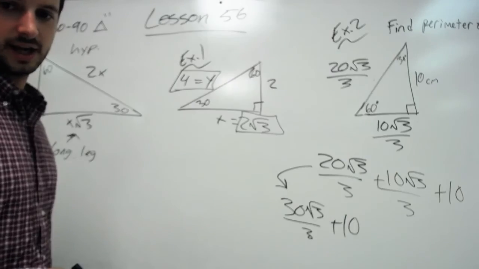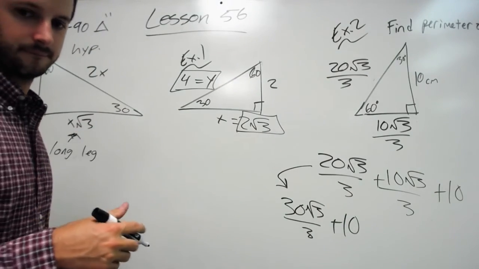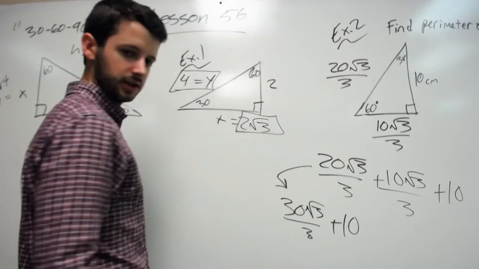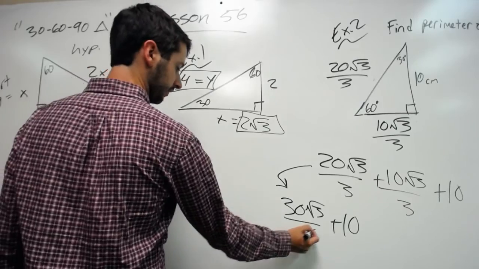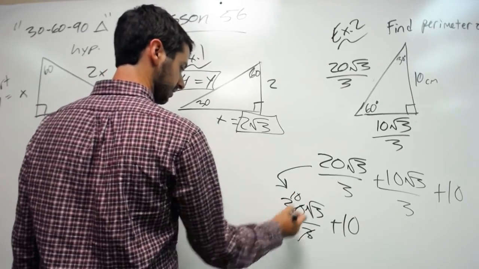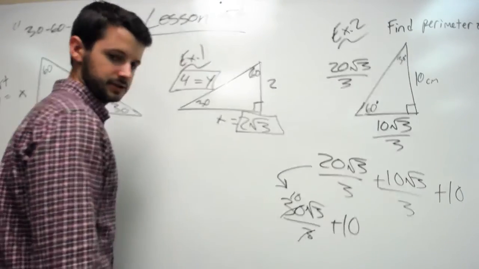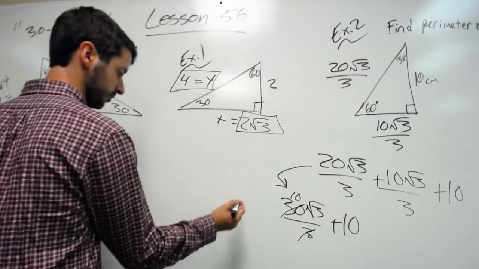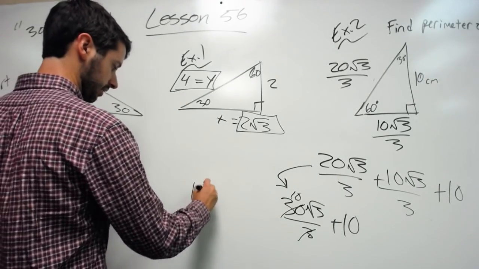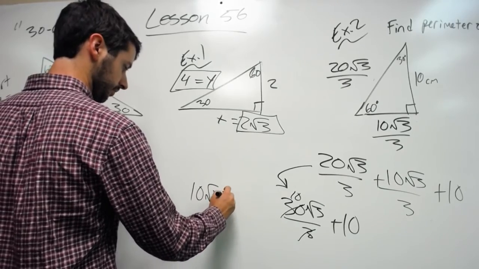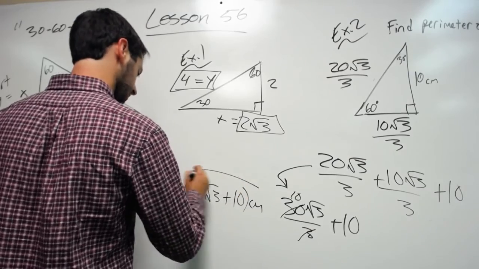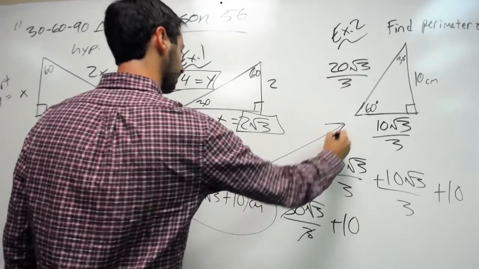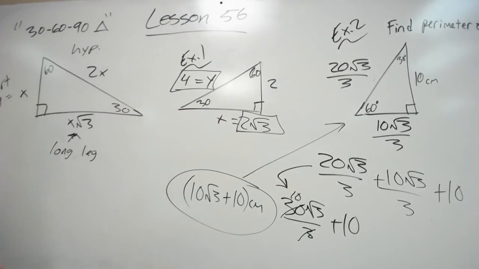So we're basically at our answer, but notice one thing: 30 over 3 can be reduced. 3 goes into 30 10 times, so that becomes a 10. Our more simplified answer would be 10 radical 3 plus 10, with the measurement in centimeters. That would be our perimeter for that triangle. And that's how you perform 30, 60, 90 triangles.